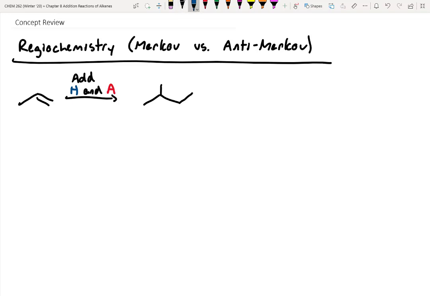On the right. So Markovnikov addition says that our hydrogen is going to go to our less substituted carbon, and our main atom will go to the more substituted. So this is Markovnikov. Versus the other one, which we said is anti.